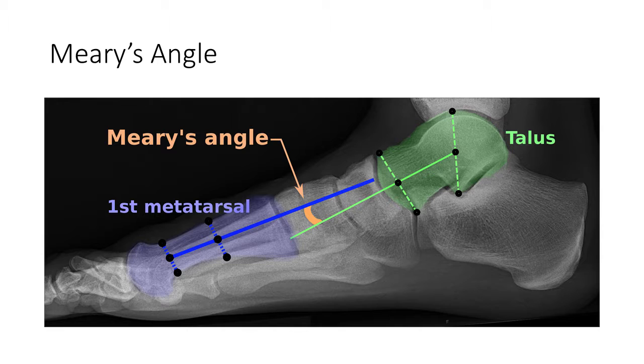Meary's angle tends to be a good measure of how the talus lines up with the first metatarsal. And it's a nice way of measuring to see just how much of a breakdown there is along that medial column. However, it's a two-dimensional image and a two-dimensional measurement. It doesn't at all describe how rotated that talus is, and you don't know if that talar head is popping out in front of us or not because it's just a two-dimensional image.